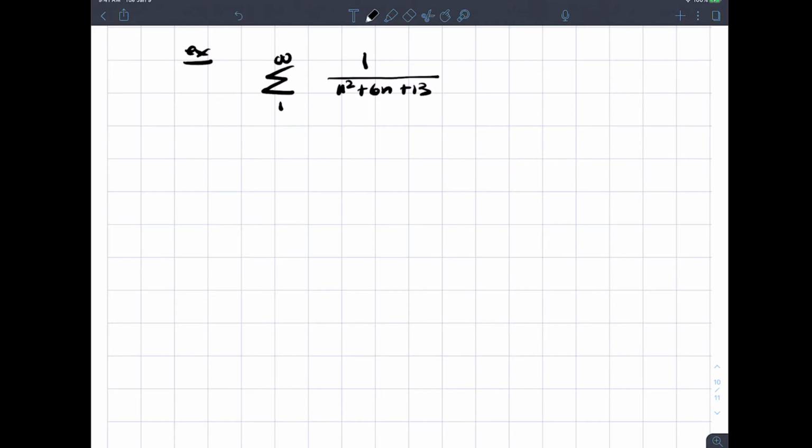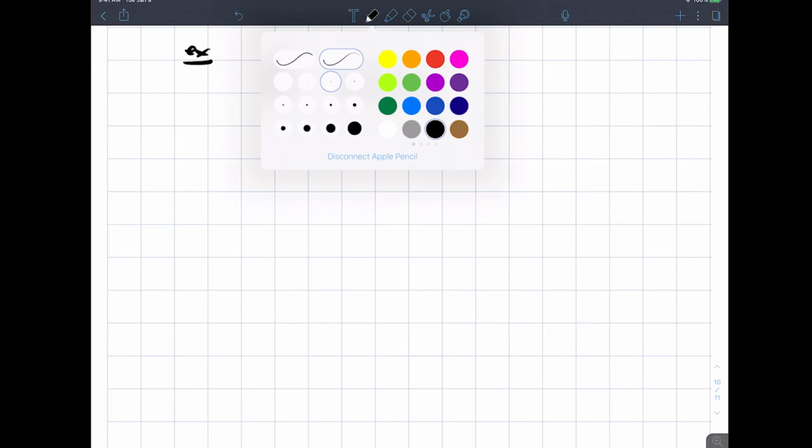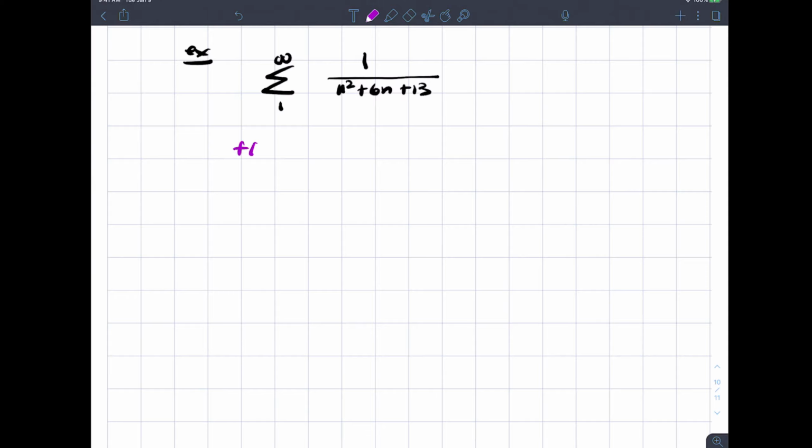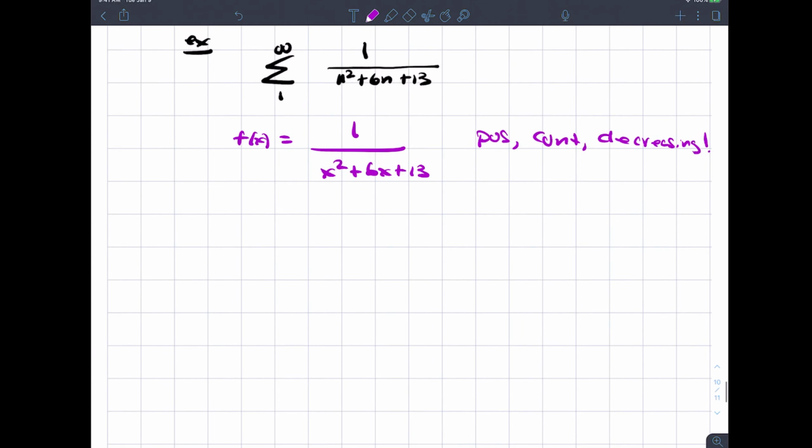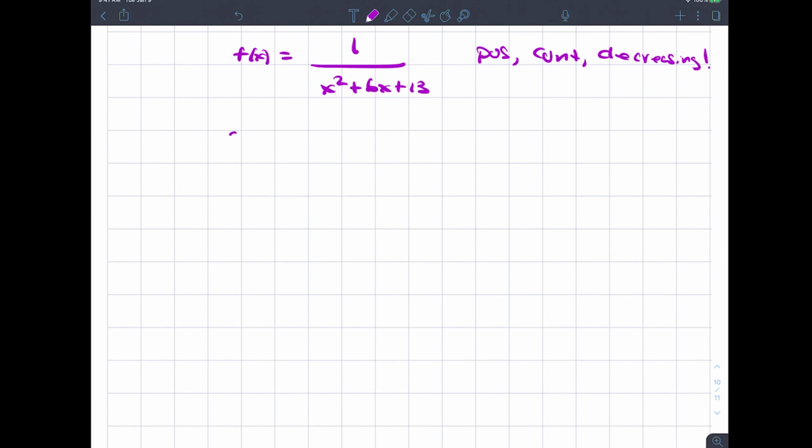So this is going to be decreasing terms. If I let f of x be 1 over x squared plus 6x plus 13, I want you to know this is positive, it's continuous over the interval, and it's decreasing. You may have to show that it's decreasing, but we know that because of how it's defined. So I just have to integrate from 1 to infinity.